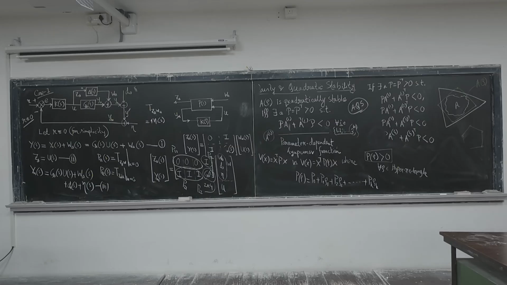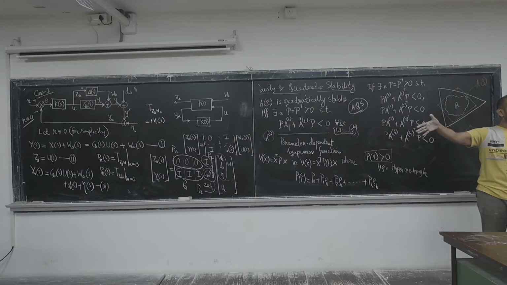Now we are again talking about unstructured uncertainties, and before that we were talking about parametric, structured uncertainty. That is an important point. Once I step into this generalized plant framework for block structure, here everything is unstructured. I should have mentioned that I started this immediately after quadratic stability.